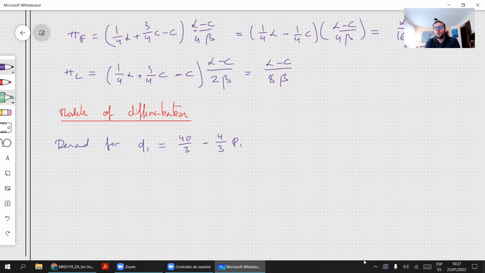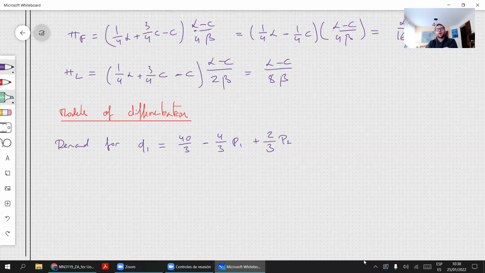So this is the law of demand, and the law of demand tells you that in most cases, except for some very specific cases like Giffen goods and things like this, you usually have a negative relation between quantity and price, but also that you have the incidence of the price of another good in the market.